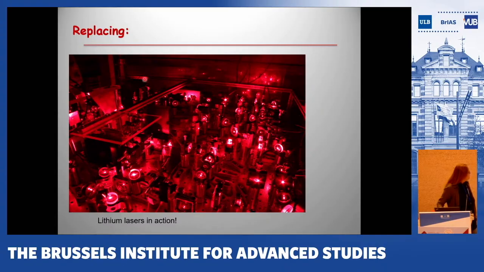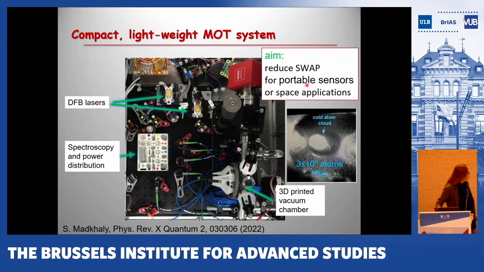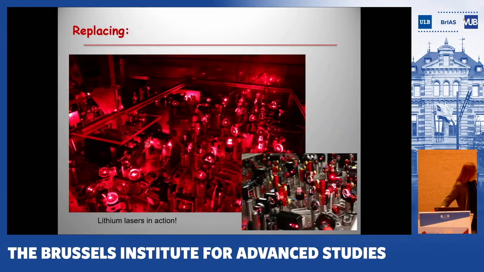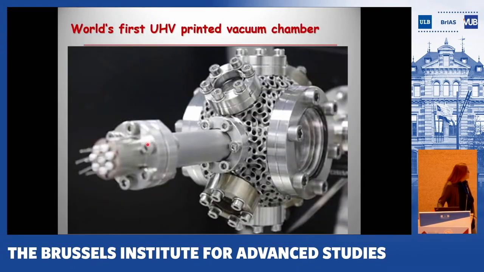This part, what you can see here, is basically replaced by those lasers that are combined here. And this is a close-up of our 3D printed vacuum chamber. So the advantage of using 3D printing methods is that we have no limitation in the design that we want to implement.